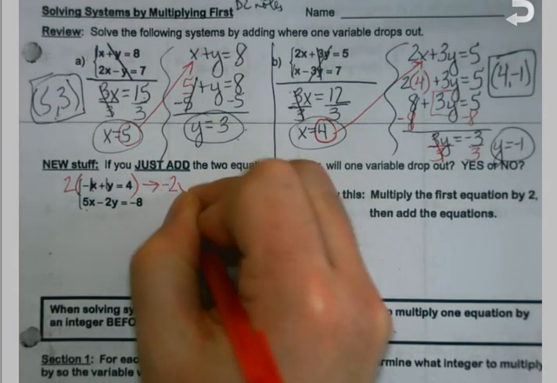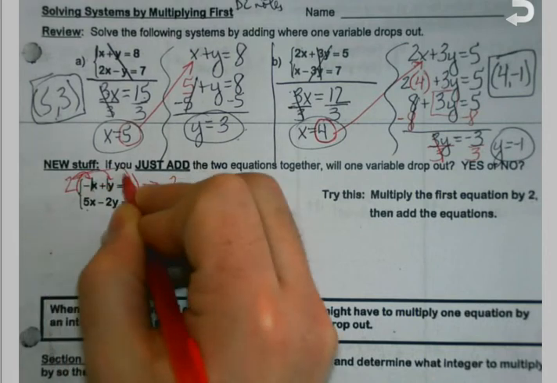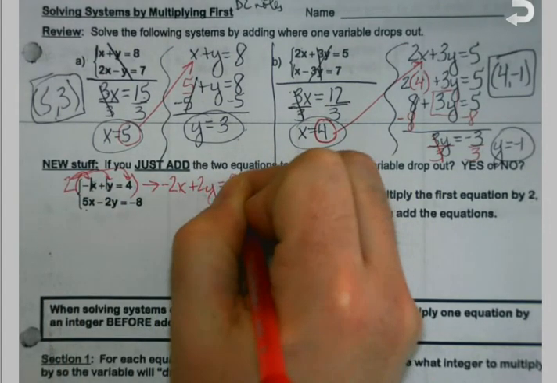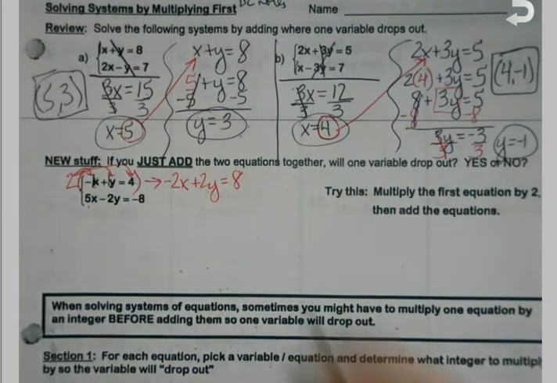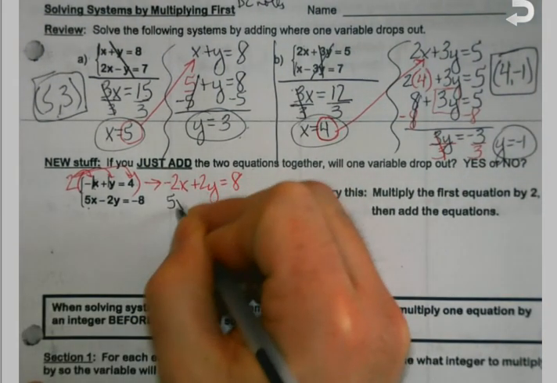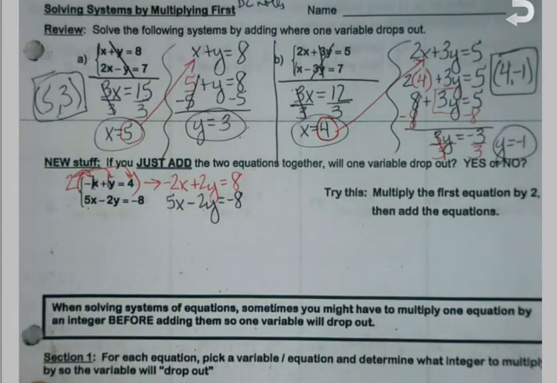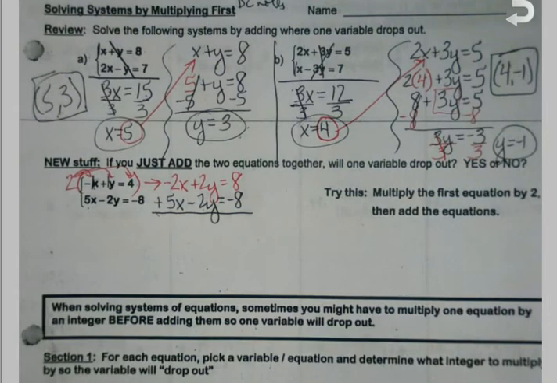But whatever number you choose, I've got to make sure that I multiply it all the way through, even to the equal side, not just the variables. And then in this case, I'm going to leave the second one alone, because now it looks a lot more like the first two did.